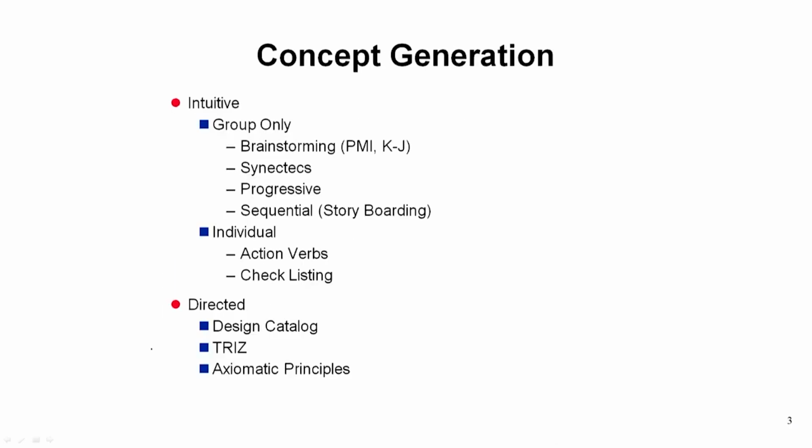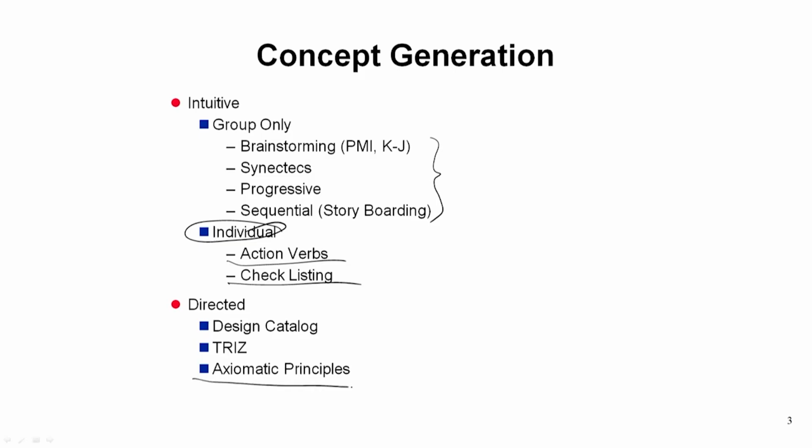So, one important thing in the concept generation part I told you is how you are generating the concept, whether you are doing it as an individual, then people use action verbs, checklisting, etc. In a group, people use these techniques called brainstorming, synectics, progressive or sequential, storyboarding, etc. But we have done a more directed way of doing it.